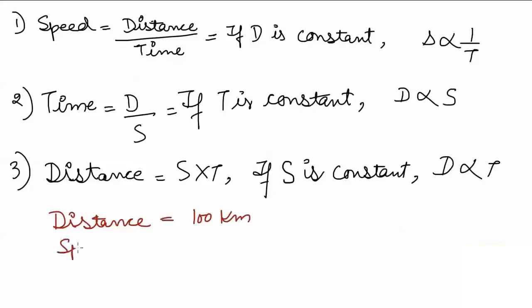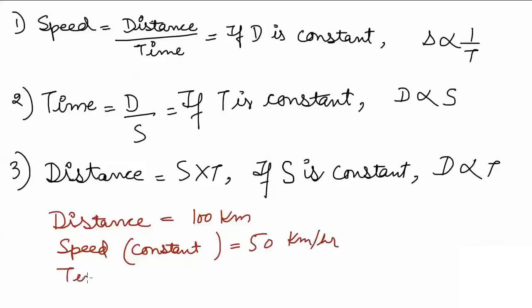The speed, and the speed is constant, is 50 kilometers per hour. And the person takes 2 hours to complete the journey. So that's a simple example. So let's come up to the first derivation.